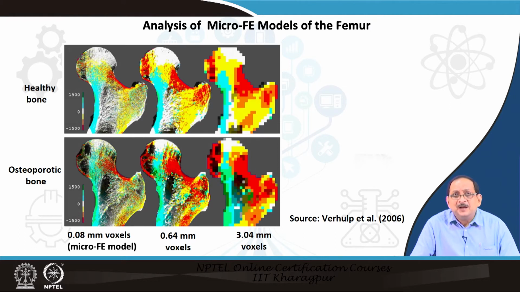So, he had a 0.08 millimeter voxel micro-FE model, and he had the other more coarser models, which were macroscopic models assuming continuum, and one was 0.64 millimeter voxel, the other was around 3 millimeter voxel size. So, they were comparing the macro scale continuum model with the micro-FE model constructed from micro CT scans.